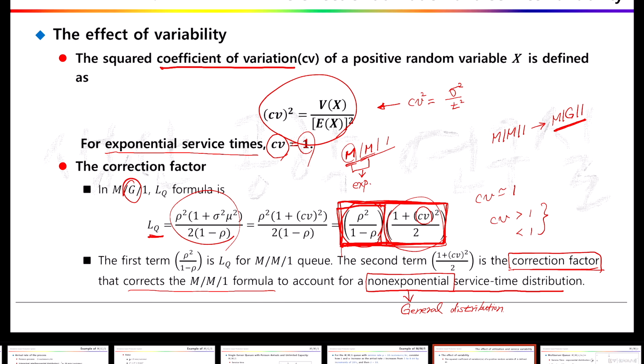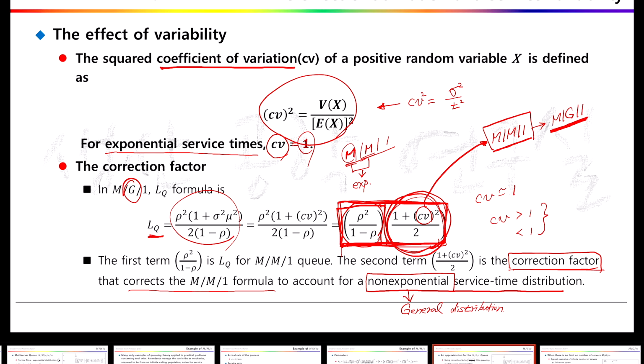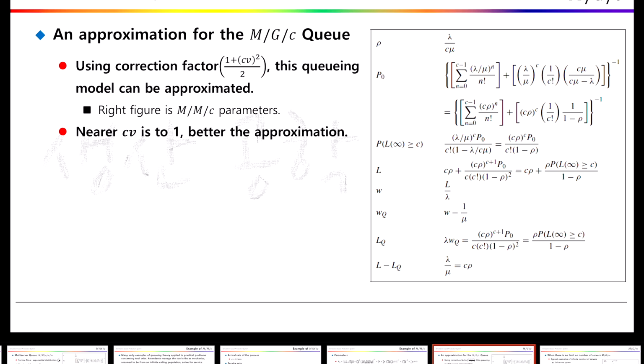Instead, the indexes of this model are calculated by approximation with the use of the variability term, and it is aligned with the MM1 model. So this page also explains the same mechanism.